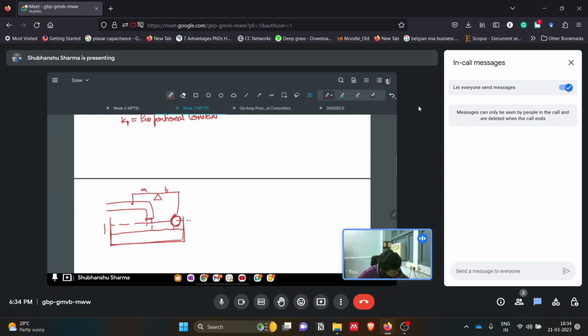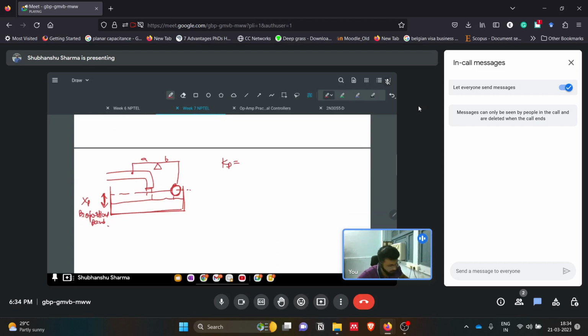So this A, B will be the proportional value. Let's first talk about the output of the circuit.